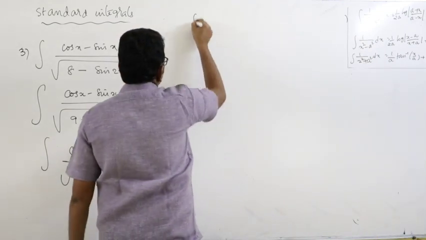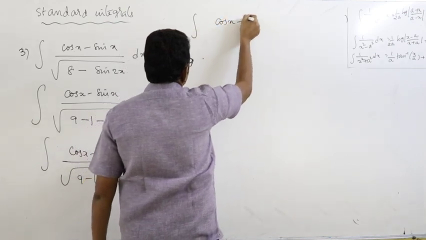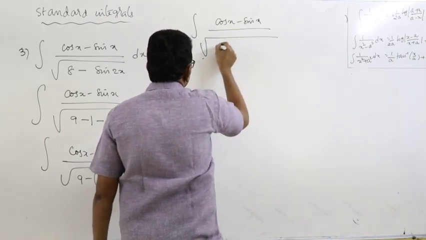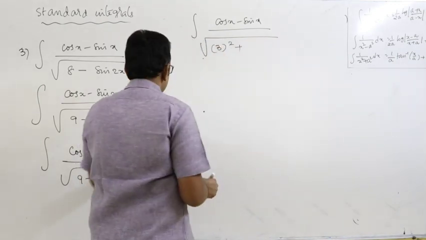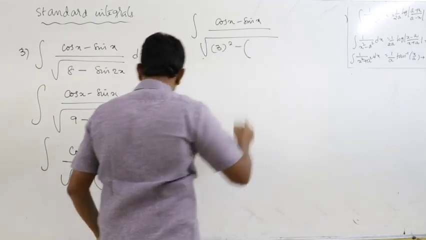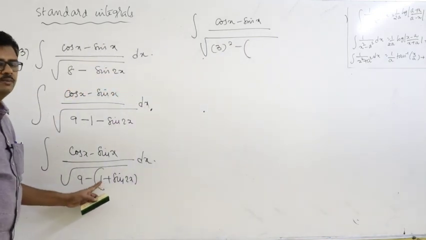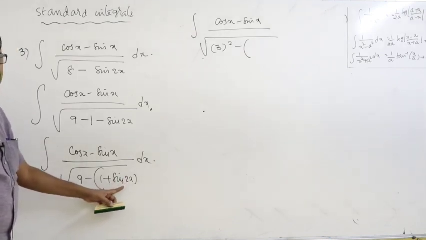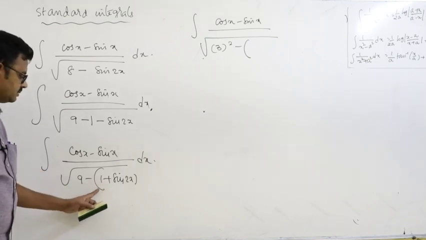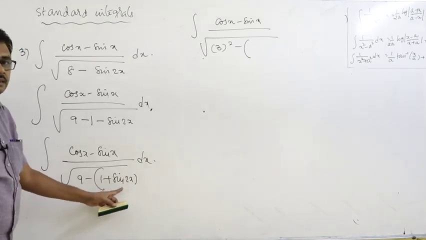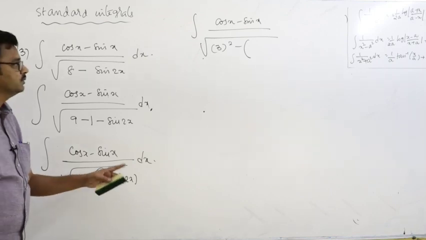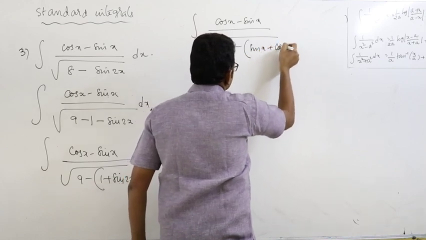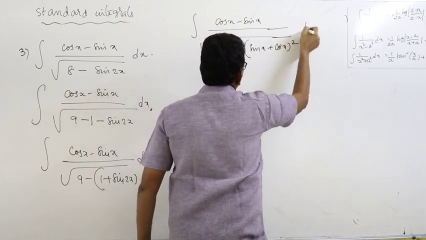So, that is integral of cos x minus sin x by root of 3 square minus of (1 plus sin 2x). 1 can be written as sin square x plus cos square x, and sin 2x is 2 sin x cos x. Sin square x plus cos square x plus 2 sin x cos x is sin x plus cos x whole square dx.